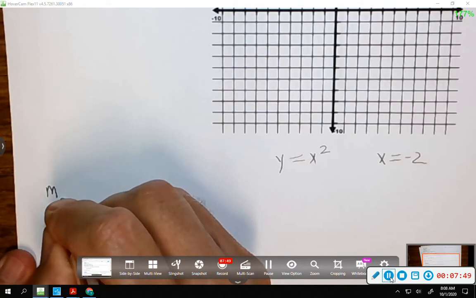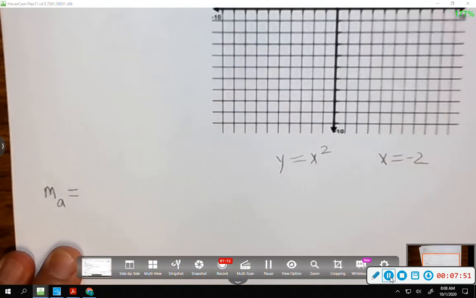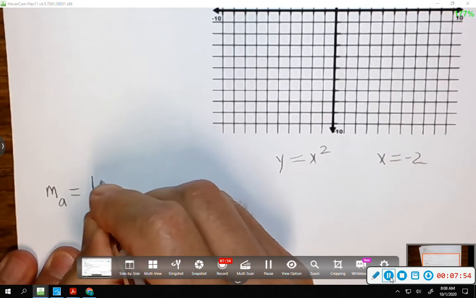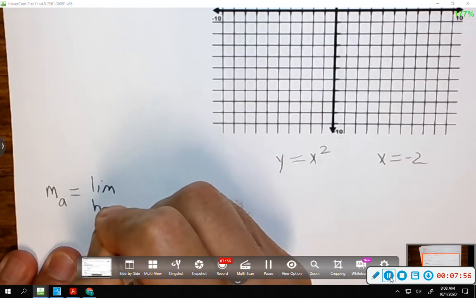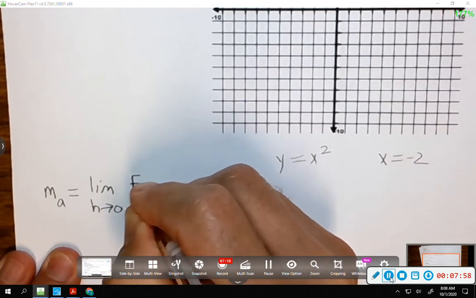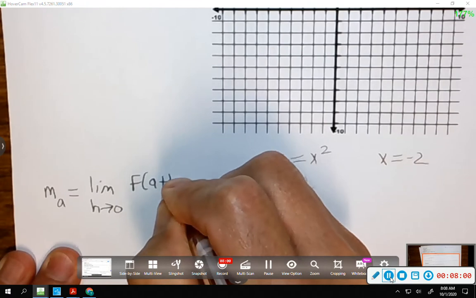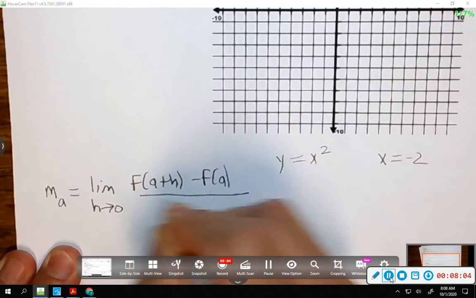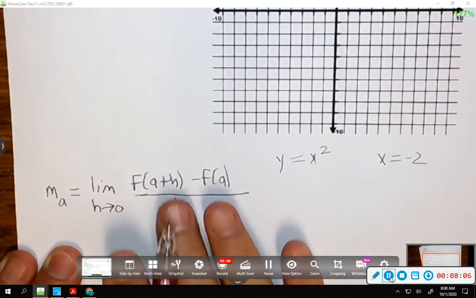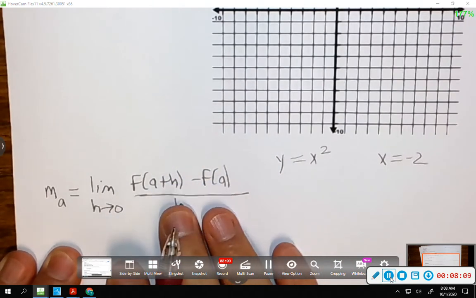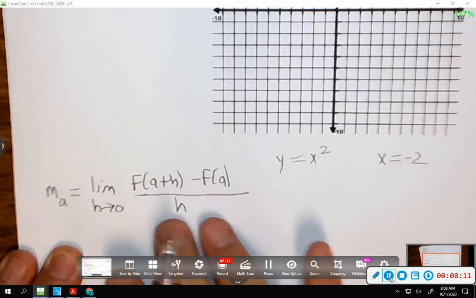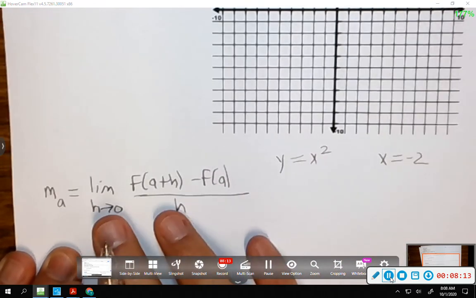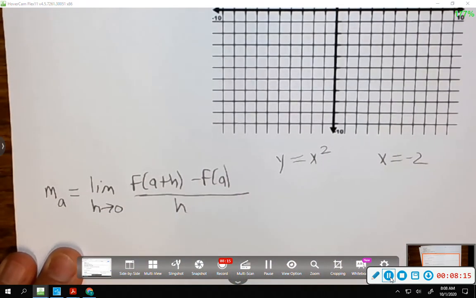The slope at a given value of a is found by taking the limit as h approaches 0 of f of a plus h minus f at a all over h. And again, this is just the difference quotient of the slope formula. I'll actually give you a nice proof of this so that you'll see what we're doing when we're taking this limit. We've been working hard on taking these limits.